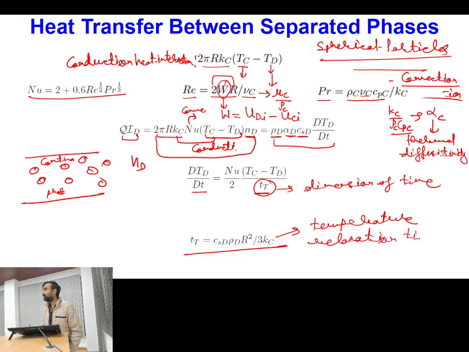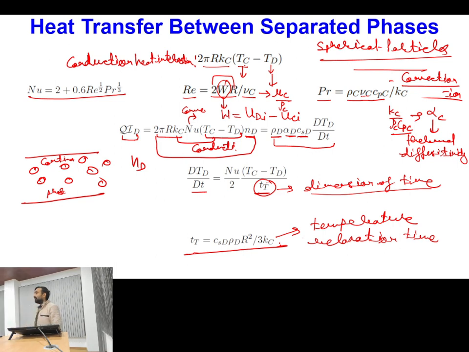Is this one clear? So this was the original equation. This original equation we have algebraically adjusted a little bit. So in this original equation, this denominator is having the dimensions of time, and this term is equal to this whole quantity. So that's why I am calling it temperature relaxation time.